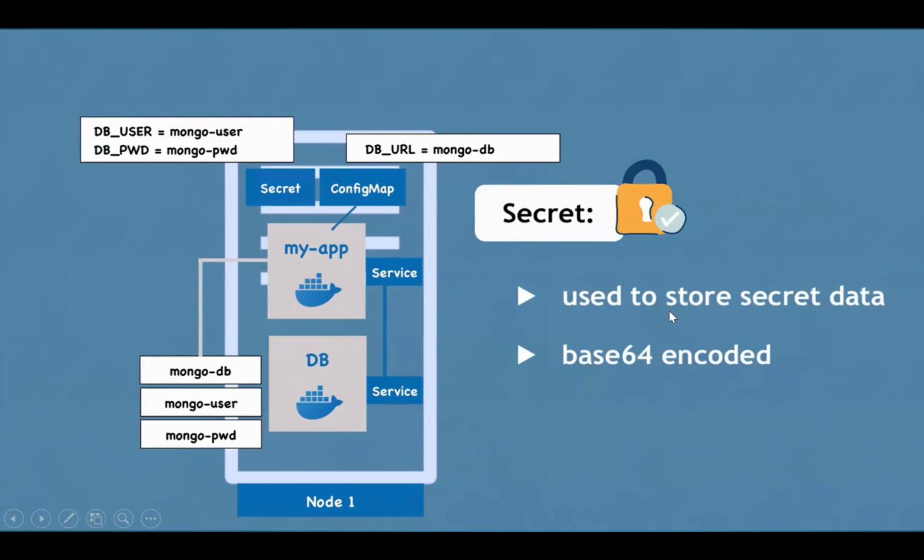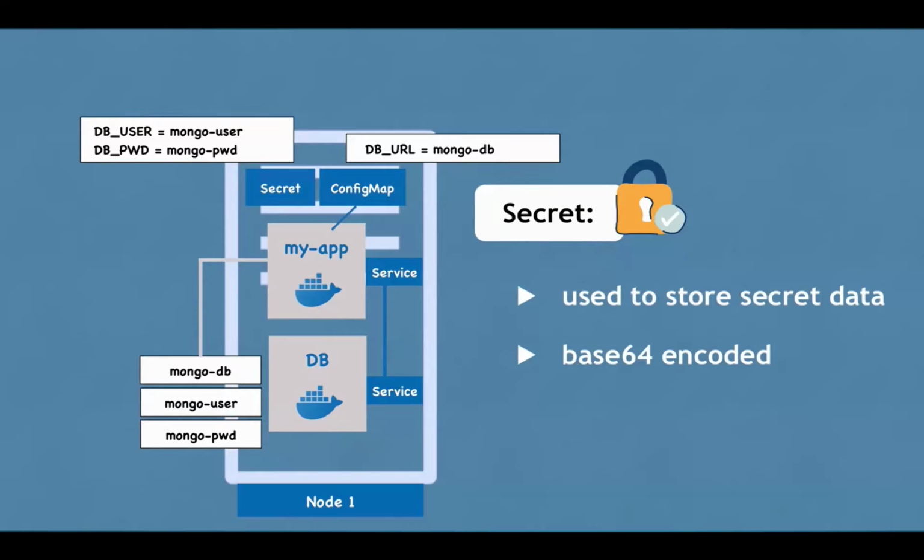So these secrets are actually stored base64 encoded, which means if your password is Sujata123, it will not be stored as Sujata123. You have to encode that in base64, which we will do. I will show you how to encode your password.